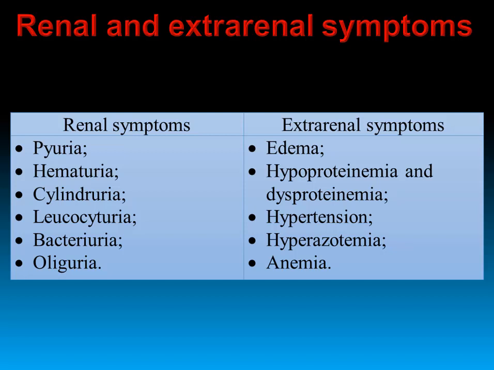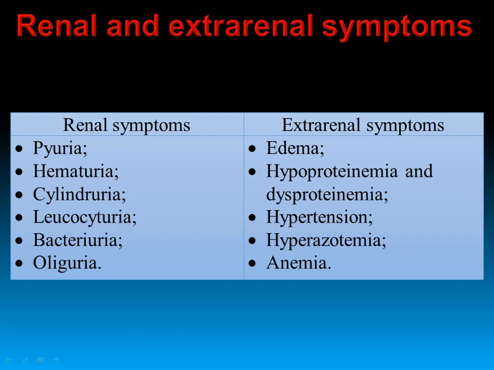So leukocyturia is the mild variant, pyuria the severe variant of the same process, presence of leukocytes in the urine. Usually, in a healthy patient, the amount of leukocytes is not more than a few in a field of view in the microscope.